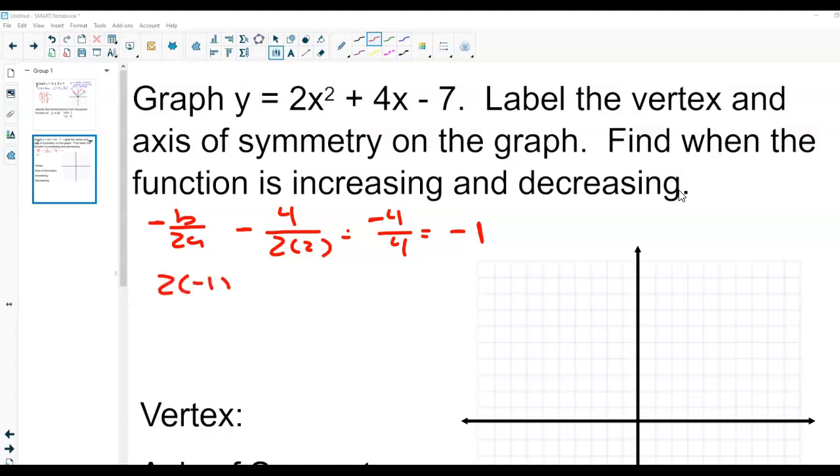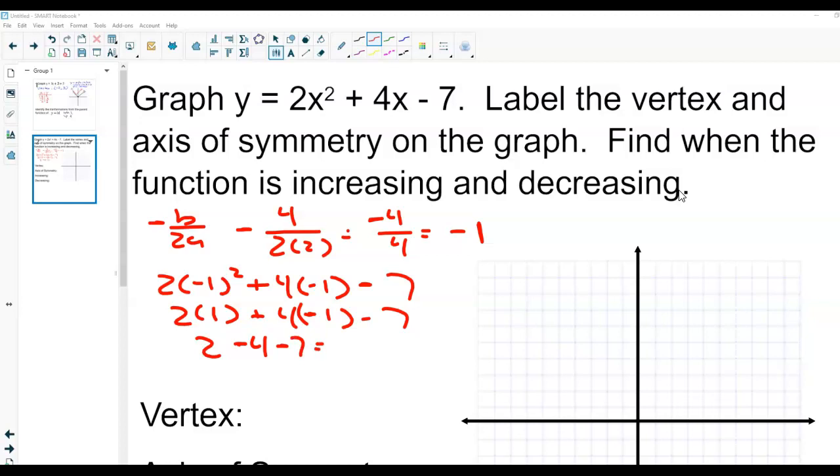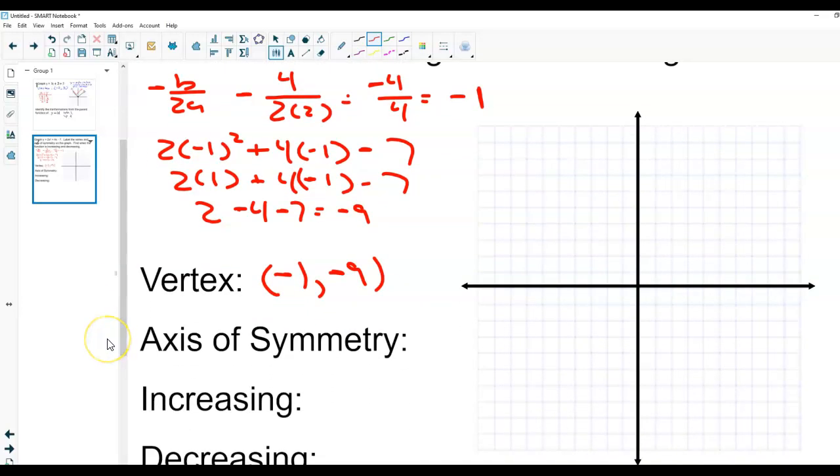I plug that -1 in. -1 squared is a +1. So we get 2 minus 4 minus 7, which is -9. So my vertex here is going to be (-1, -9). And I should know the axis of symmetry is always x equals whatever the x-coordinate of the vertex is.